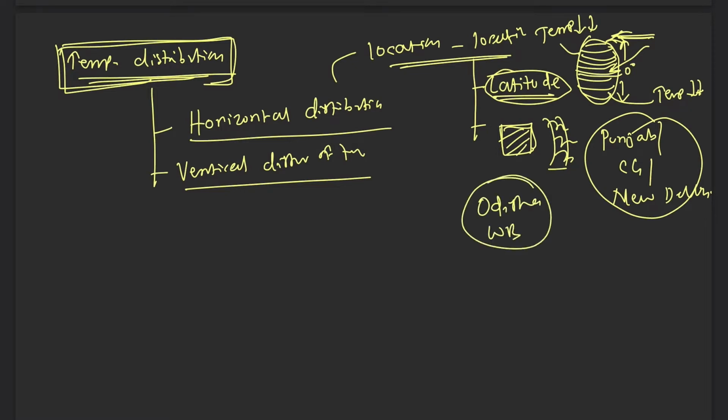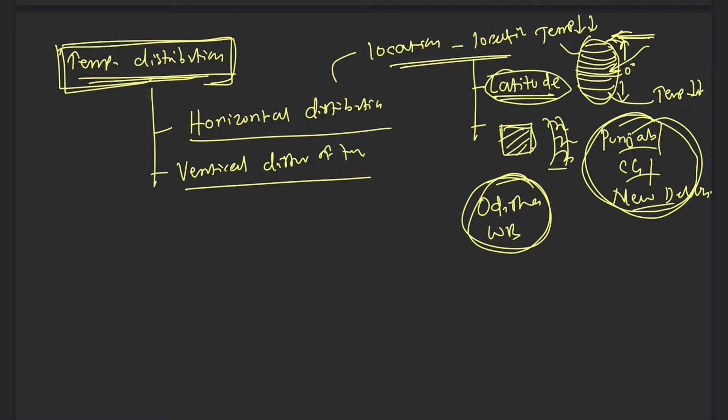Where will the temperature variation be more? It will be more in Punjab, Chhattisgarh and New Delhi. Odisha and West Bengal are coastal areas, and there the temperature variation will be less.